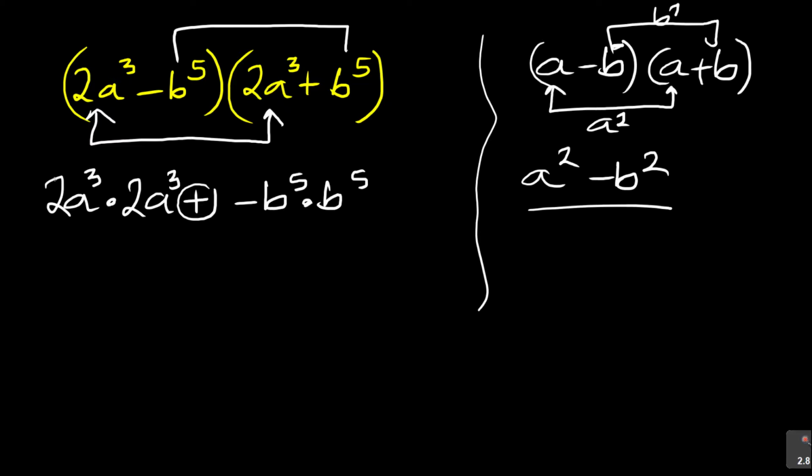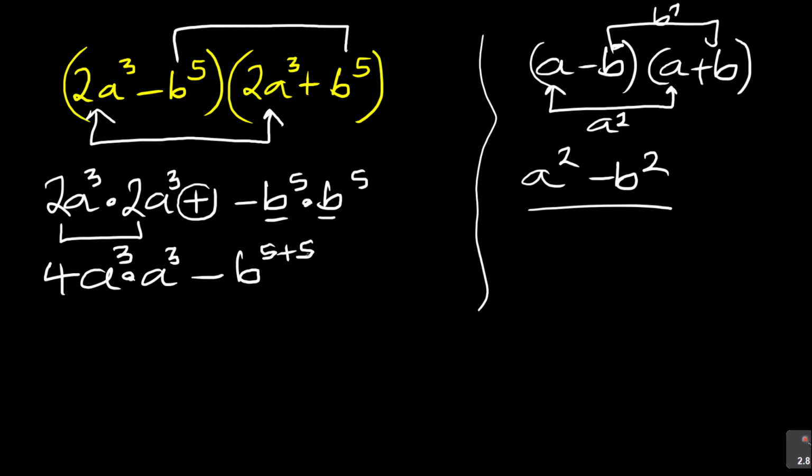Now when you are having this, multiply 2 times 2, it's 4a. Now look, a to the power of 3 times a to the power of 3. We're back to exponents. You remember, same base, you say 5 plus 5.